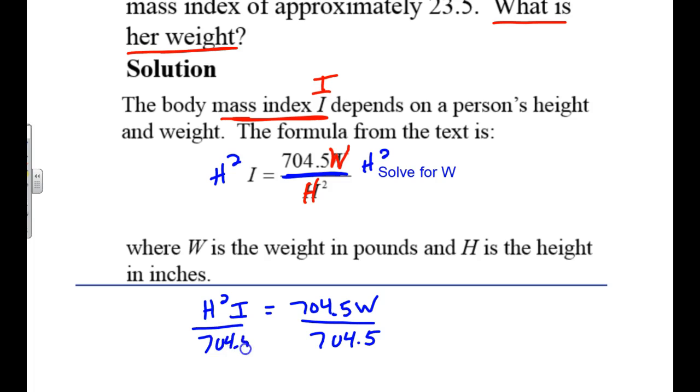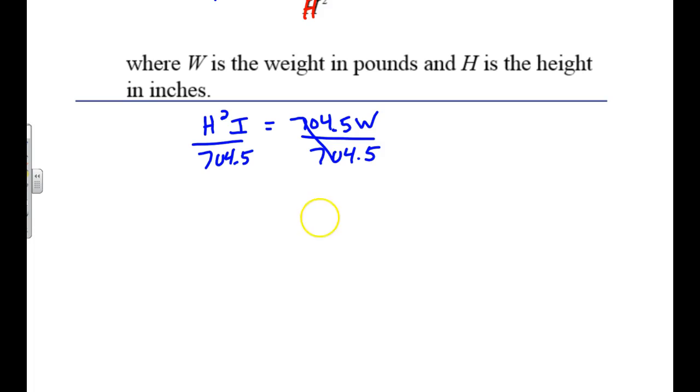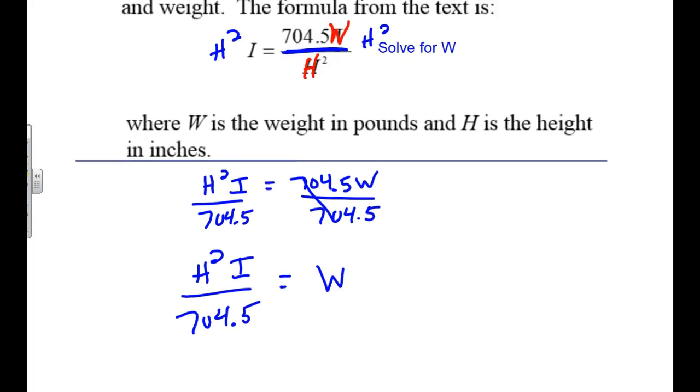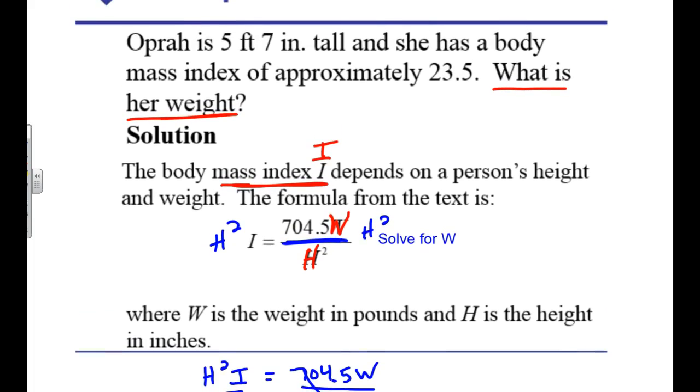So 704.5 divided on both sides, and I have a nice formula now for W. W is equal to her height squared times her mass index divided by 704.5.